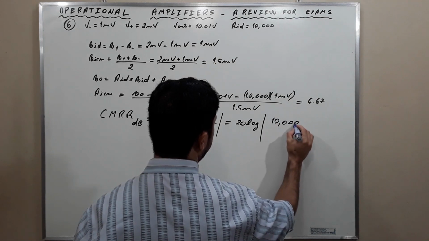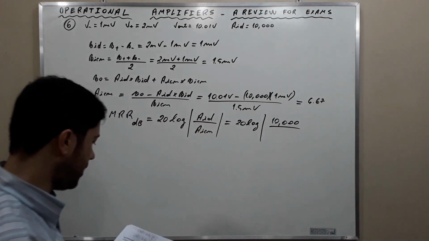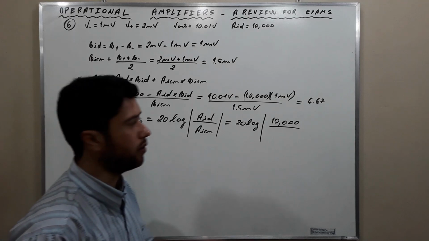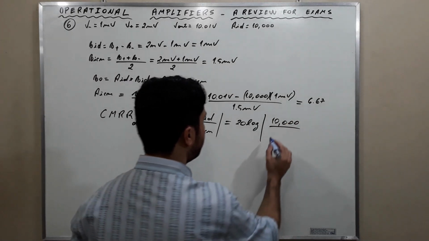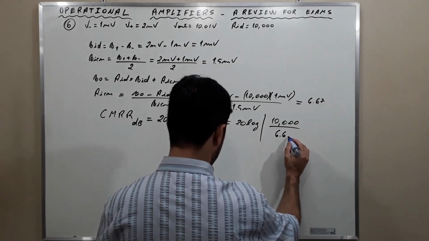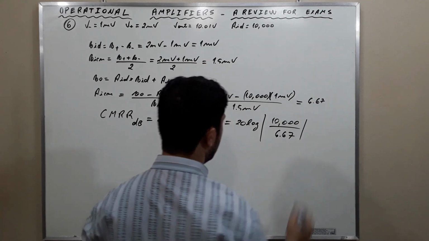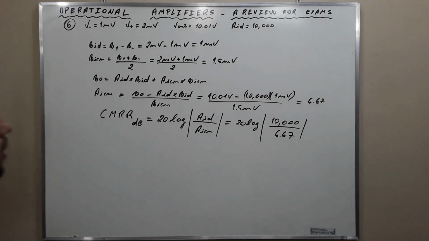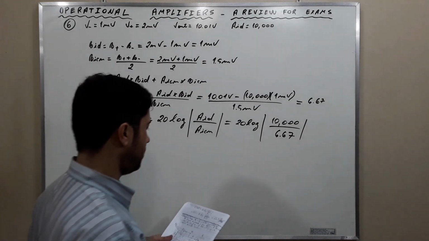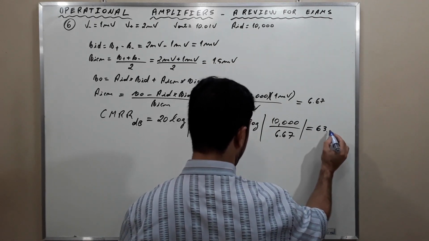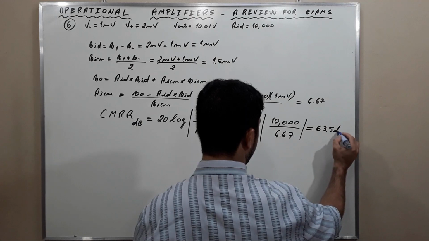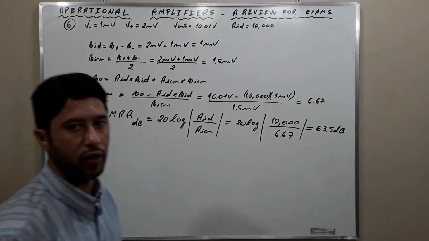And the AICM, we calculated it and we discovered that it is 6.67. And ultimately we find that the common mode rejection ratio is 63.5 decibels.